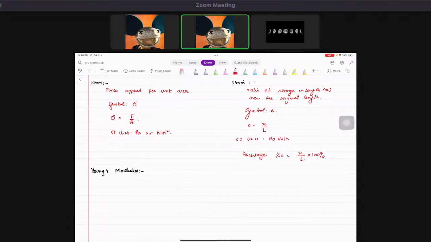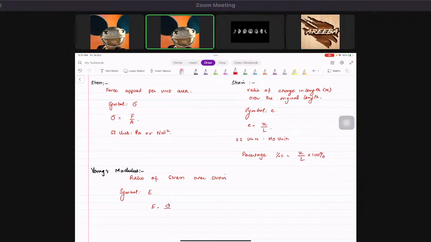Young's modulus is defined as the ratio of stress over strain. The symbol we use for Young's modulus is capital E, right? And Young's modulus is given by stress over strain.